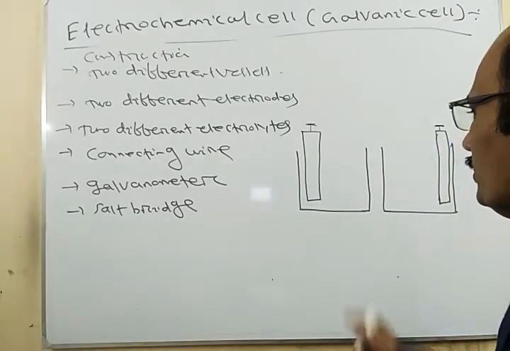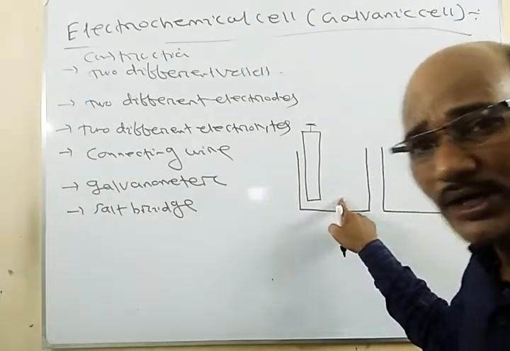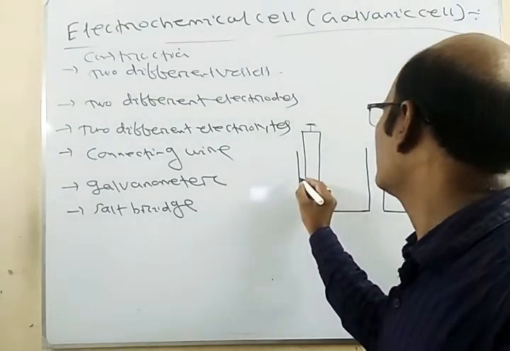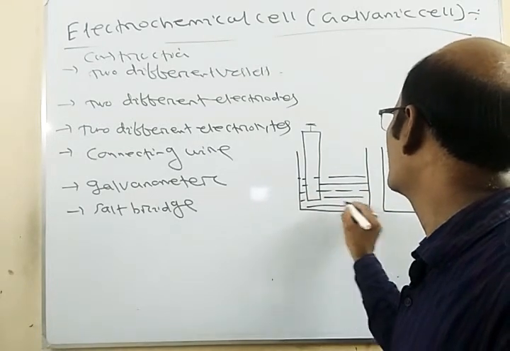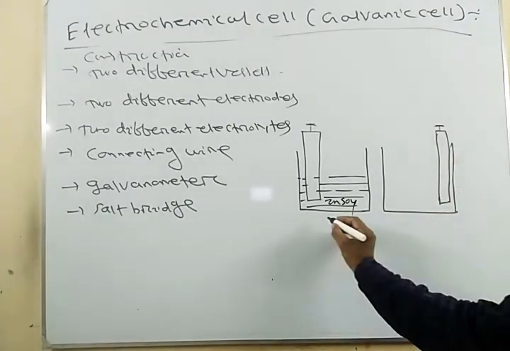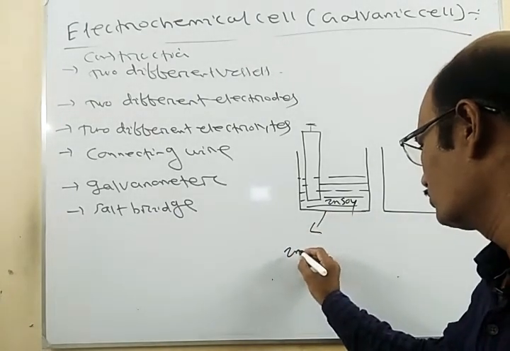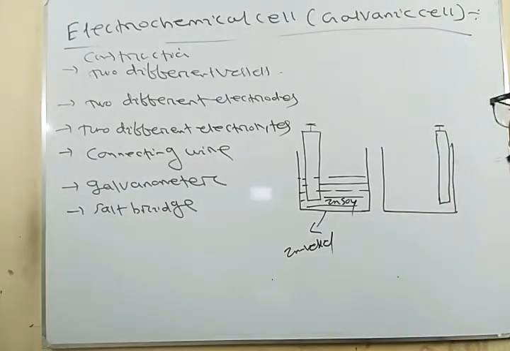Now one vessel contains one electrolyte, zinc sulfate, so here we will take water. This is called the zinc vessel.